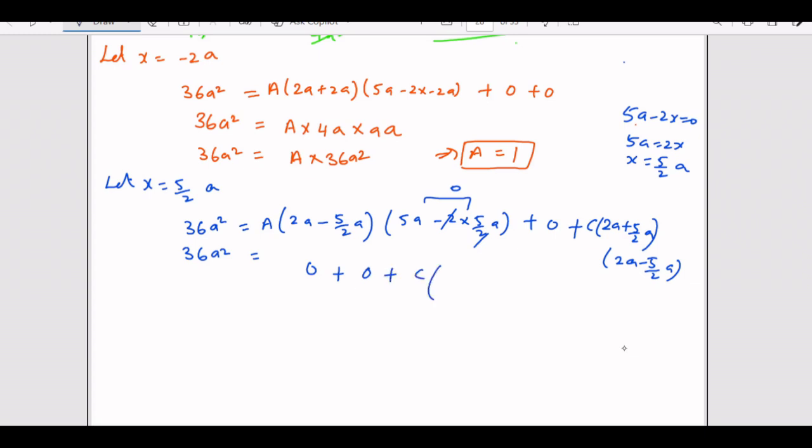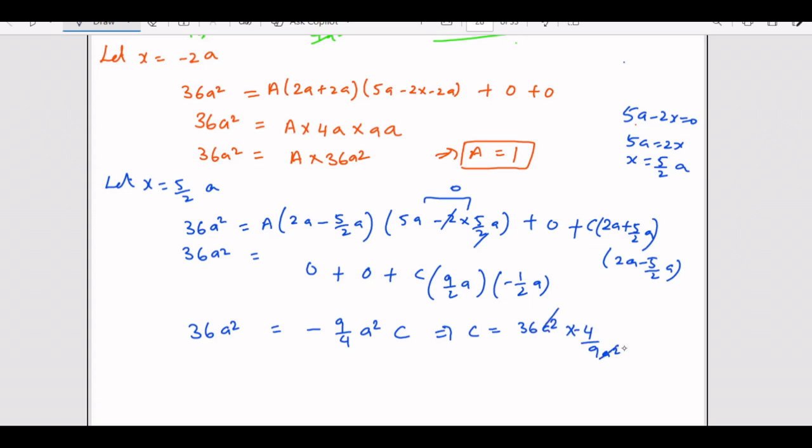So this is C into 9 over 2a and minus 1 over 2a. So 36a squared equals negative 9 over 4a squared times C. This will give us the value of C: C is 36a squared times 4 over 9a squared, so this cancels and C becomes negative 16. So we got the values of A, B and C.